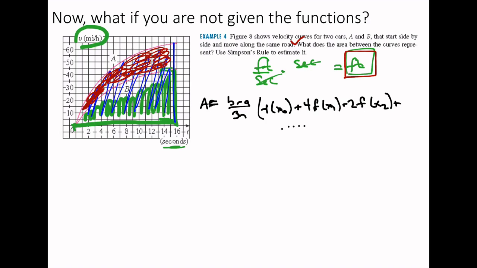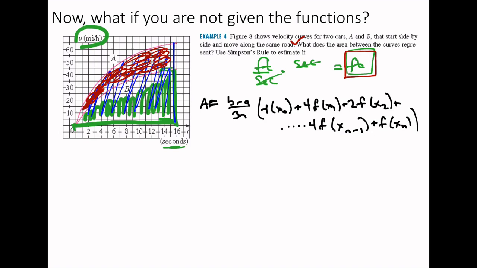And we have coefficients 4, 2, 4, 2, 4, 2, 4. It has to end with a 4 for the second to the last coefficient. And then your last term does not get a coefficient. So that's Simpson's Rule. We did that a little bit before you guys left. That was the end of chapter 5.